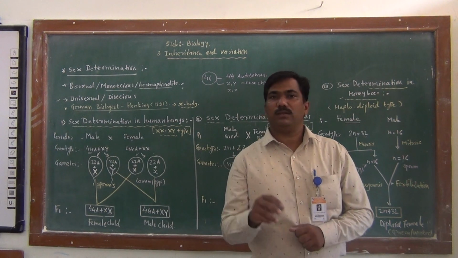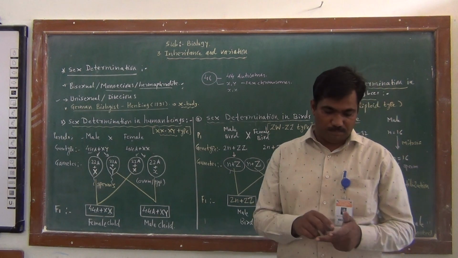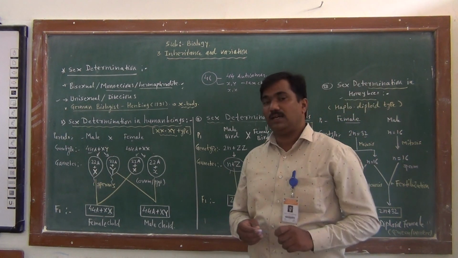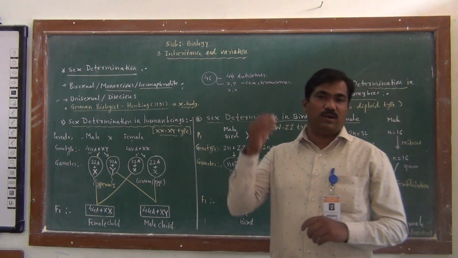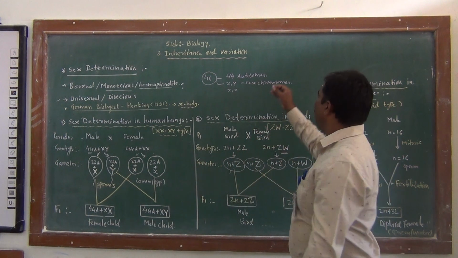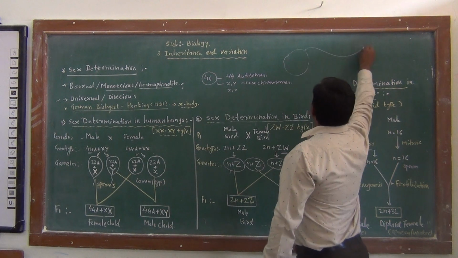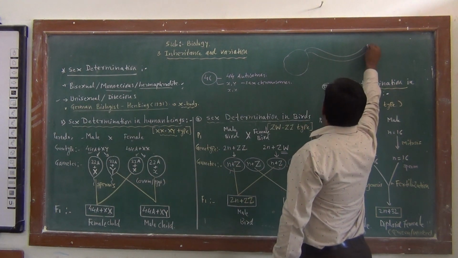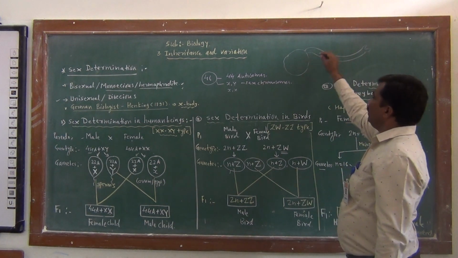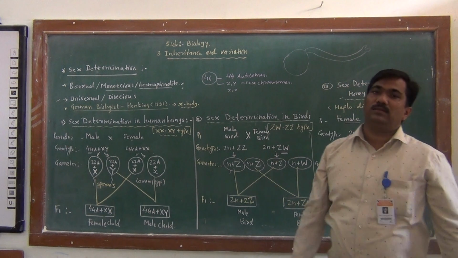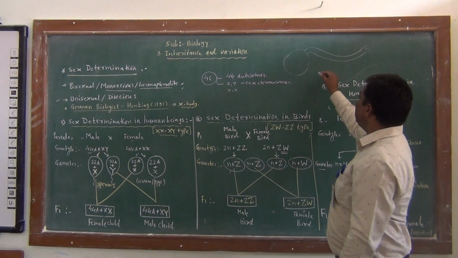In our textbook, in a box, one very interesting example is given: the marine worm Bonellia viridis. This marine worm has an elongated body, and it has a mouth or proboscis at one end. It lays eggs. These eggs hatch into larvae.